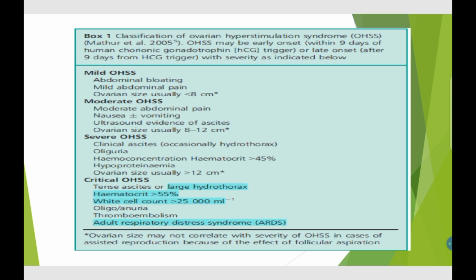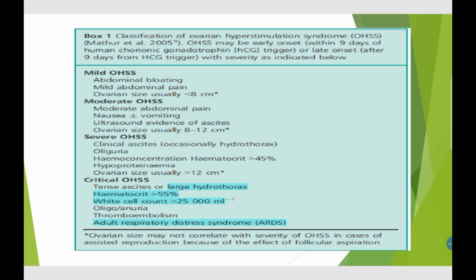However, if you read the initial lines in the table, OHSS may be early onset, that is within 9 days of hCG trigger, or late onset after 9 days from hCG trigger, while GTG mentions early OHSS within 7 days of the trigger and late OHSS after 10 days, from 10th day onwards, while TOG mentions early OHSS within 9 days of the hCG trigger and late onset after 9 days from the hCG trigger.